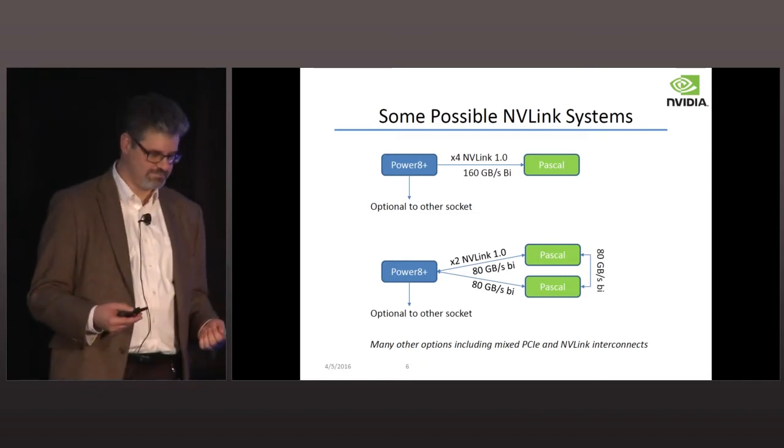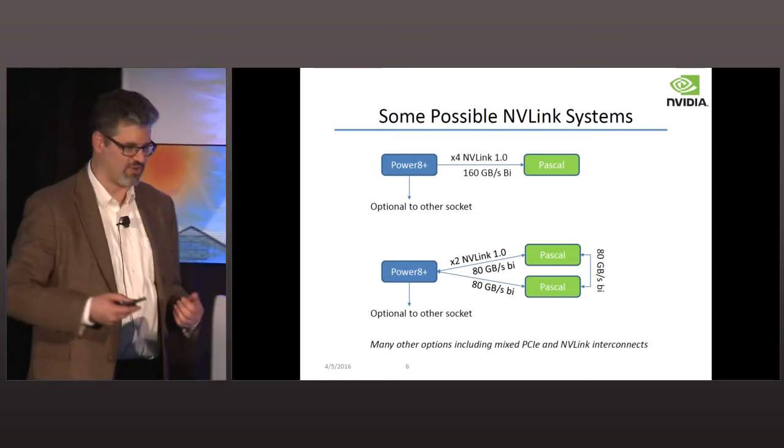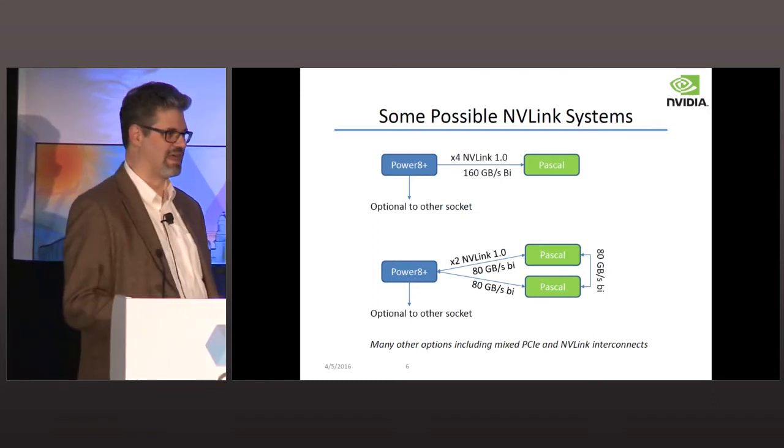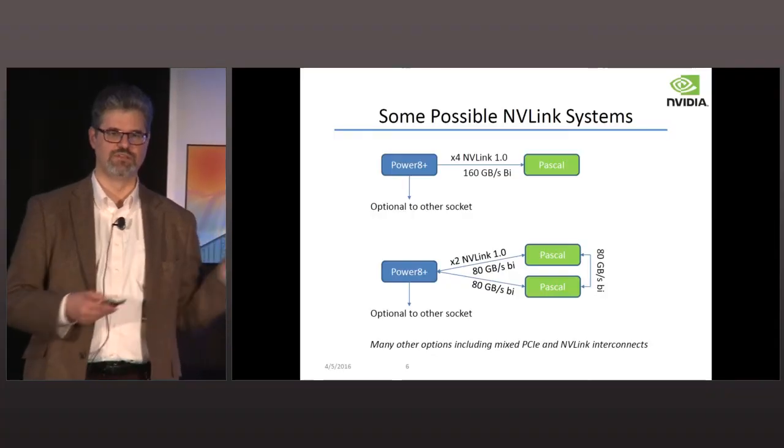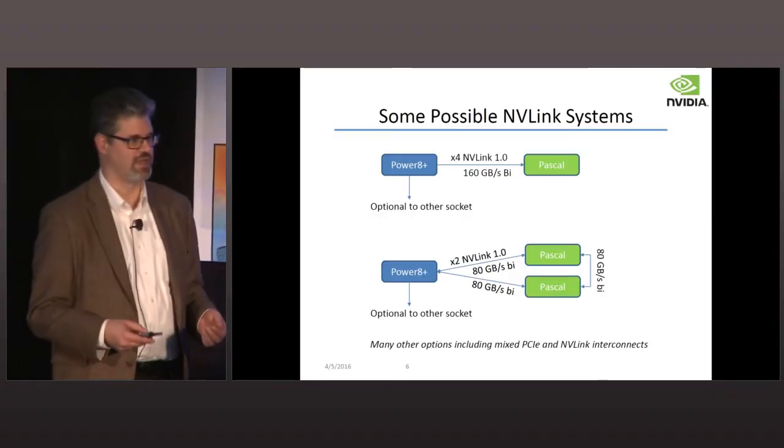And so I'm not going to announce any particular vendor's plans or configurations, but these are certainly configurations that are possible. Some of them are likely. There are more. You don't have to lay out these interconnections symmetrically. You can mix and match PCIe and NVLink, as we're doing in the DGX-1 product we announced yesterday.